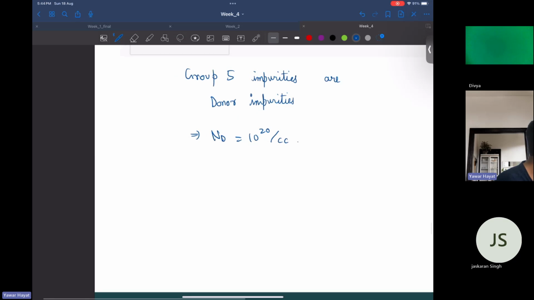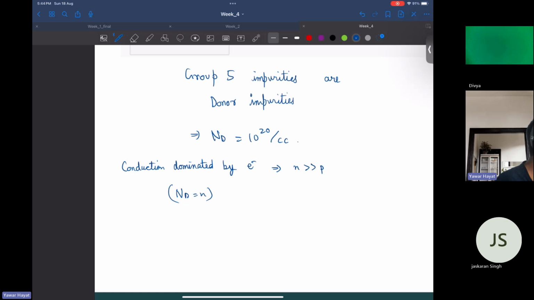And your conduction is dominated by electrons. It implies n is greater than p, so the concentration of electrons is much greater than the concentration of holes, right? Your ND is n.